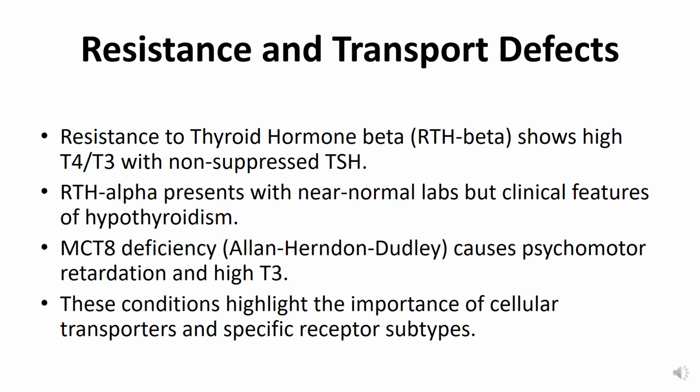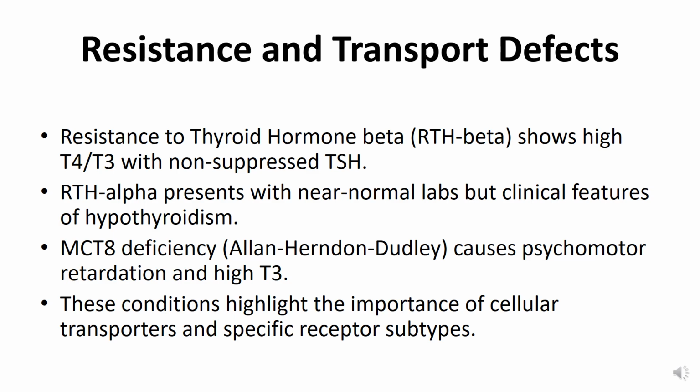That mismatch is a key clue pointing toward hormone resistance rather than classic hyperthyroidism. Clinical symptoms can vary widely. Some tissues remain partially sensitive to thyroid hormone, while others are resistant. As a result, patients may show mixed features of both hyperthyroidism and hypothyroidism at the same time.